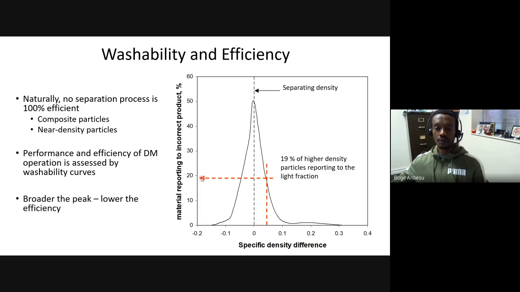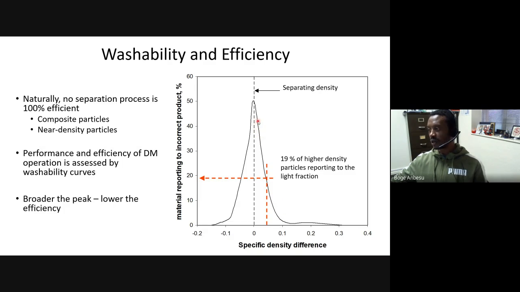Okay, so instead of going to the sink, it's actually possible that this particle may go to the float. In this case, the curve says 90% of particles will go to the wrong portion. Okay, and you can do the same for any others.